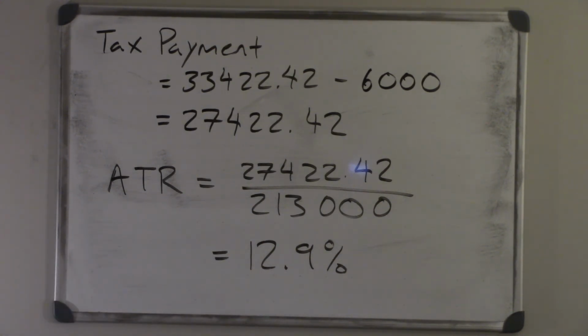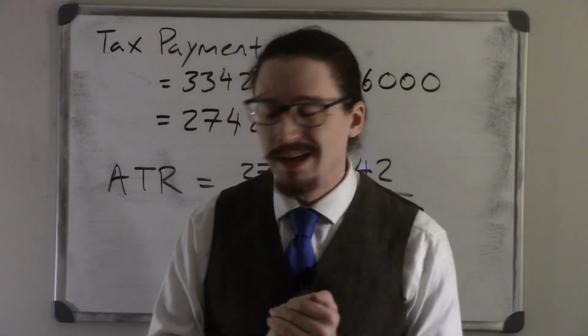I did not mean to make the average tax rates very similar for the first and second example. It just kind of happened that way. But that is how we would go about finding all of those different things: our taxable income, our marginal tax rate, tax burden, tax payment, and our average tax rate.